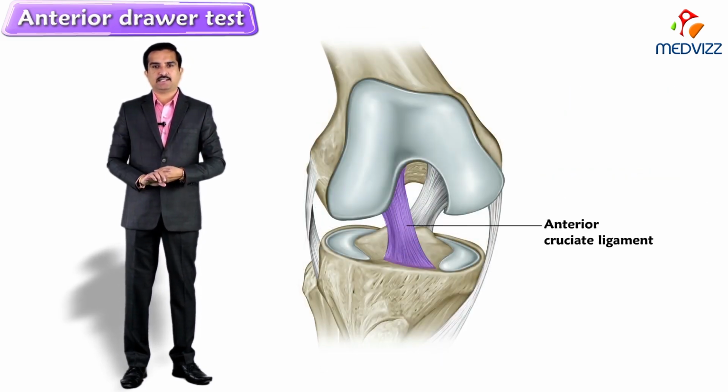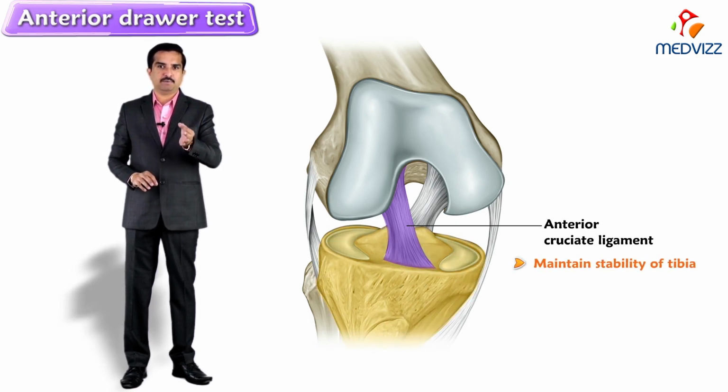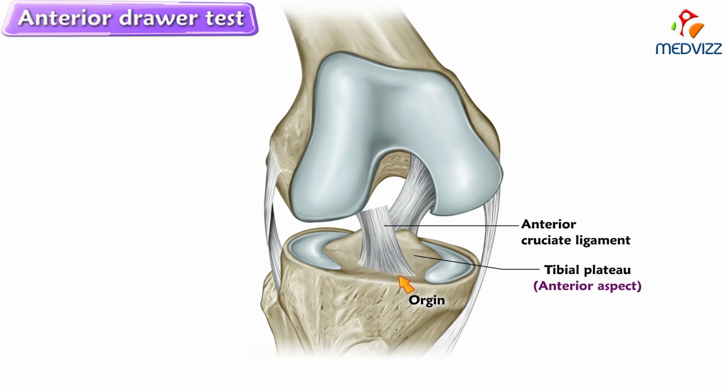The anterior cruciate ligament is responsible for maintaining the stability of the tibia. The ACL arises mainly from the anterior aspect of the tibial plateau and inserts on the medial aspect of the lateral femoral condyle.